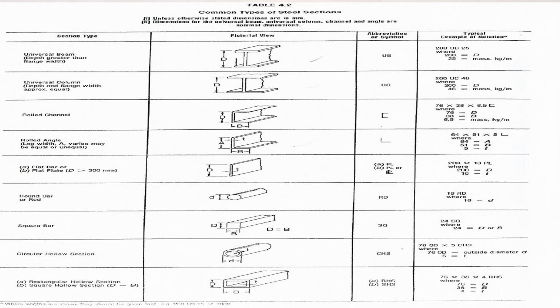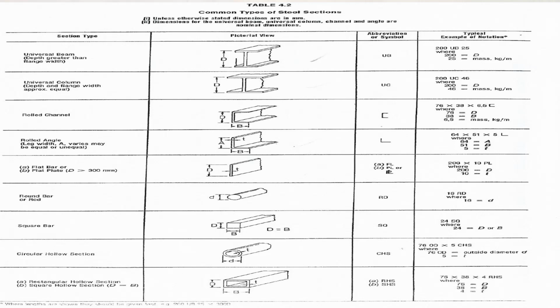So here in our lecture today we will talk about the different types of steel sections that you have. If you look at the table that is shown now, table 4.2 of your Australian standards for structural drawings, on chapter 4, page 16 of the Australian Engineering Handbook for Structural Drawings, you'll see that you have different steel sections.